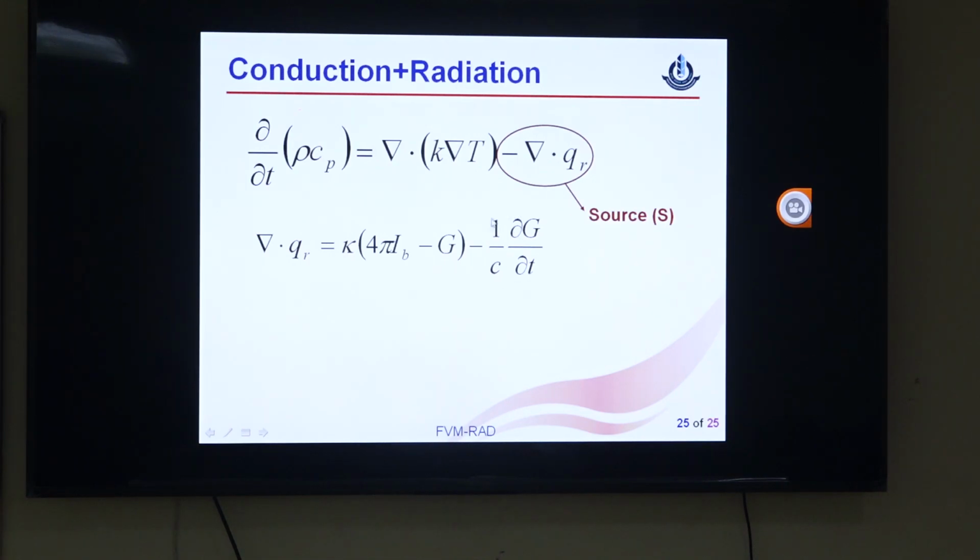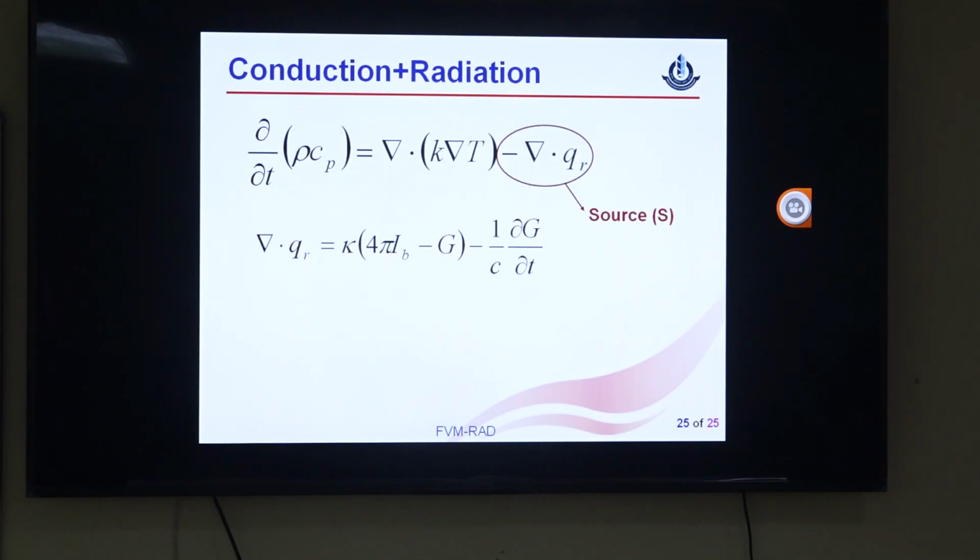But of course, remember this term is quite valid only when you are going for very ultra short time scales. Otherwise, it has no significance. So simply, del dot q equal to kappa, which is the absorption coefficient, into 4 pi Ib minus G, where Ib is the black body intensity and G is the irradiation term. Why negative?